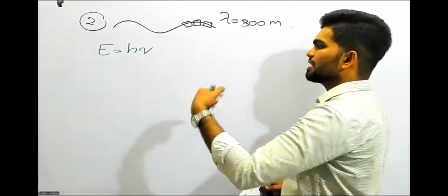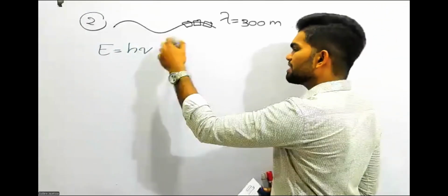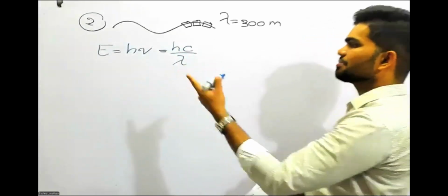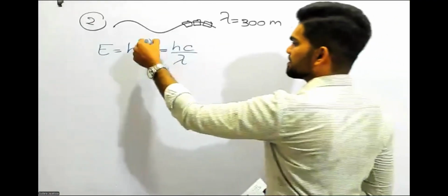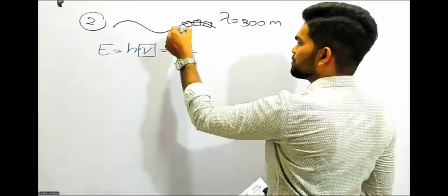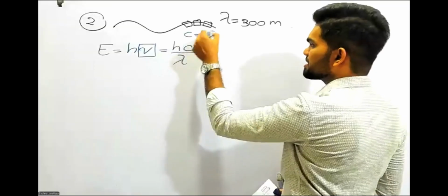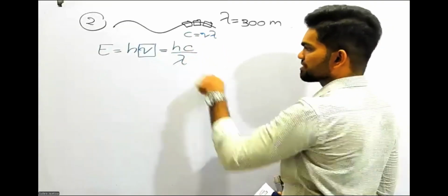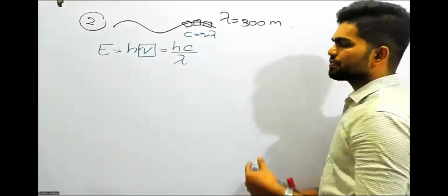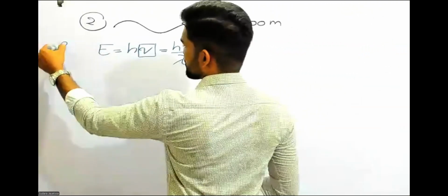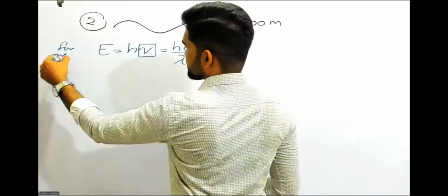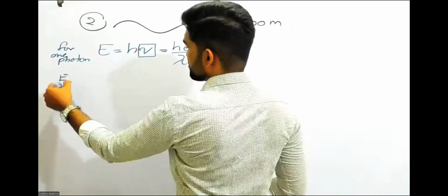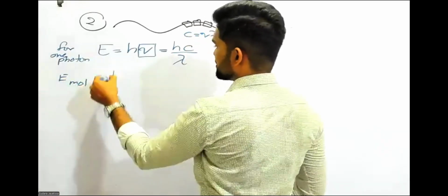If you want the energy of 1 photon, you have another way of finding it using the wavelength. We substitute this frequency using the other formula, c equal nu lambda, frequency times wavelength. We subject the frequency and put the rest here. But anyway, that is for 1 photon. Here we need the energy of 1 mole of photons. So what should we do?